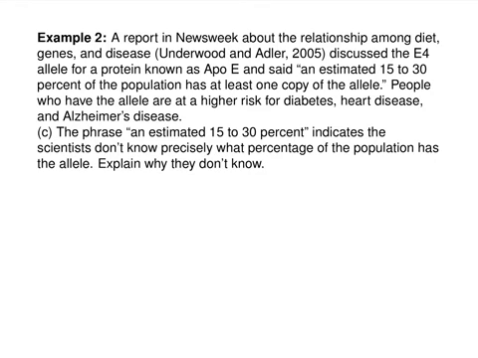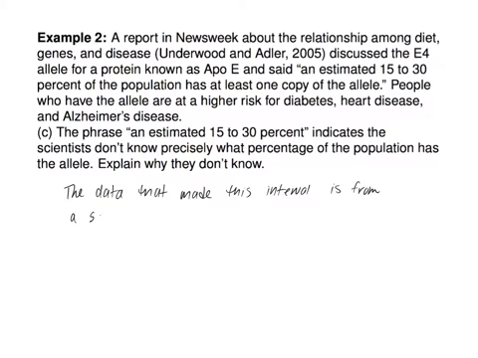So the scientists couldn't measure, so the data that made this interval is from a statistic, or from a sample. The only way to know the true value is to test everyone.